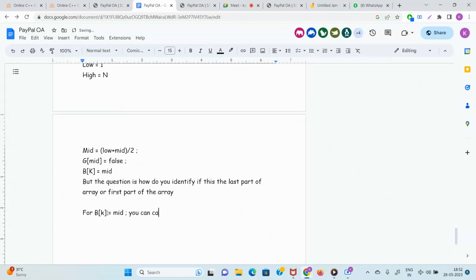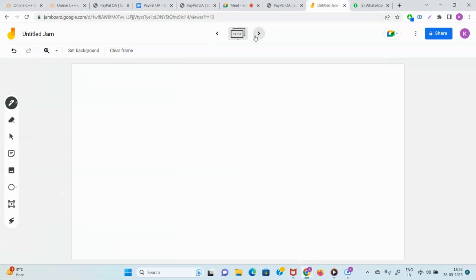You can calculate the max sum and min sum. If our m is greater than the max sum, it means it's going to the right side. Okay. For a particular b of k, so b of k is going from where, guys?